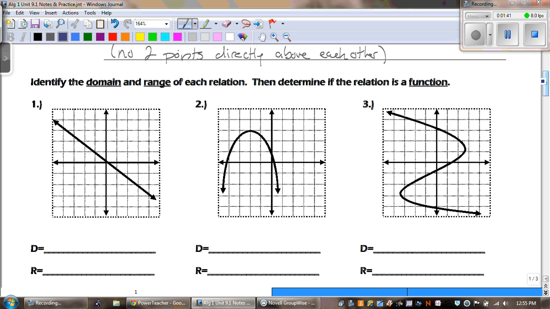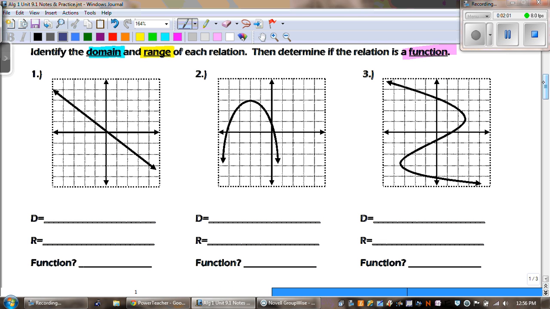Okay, so the directions say to identify the domain and the range of each relation. Then we have to determine, is it a function? The domain is the x values, and that goes from left to right.